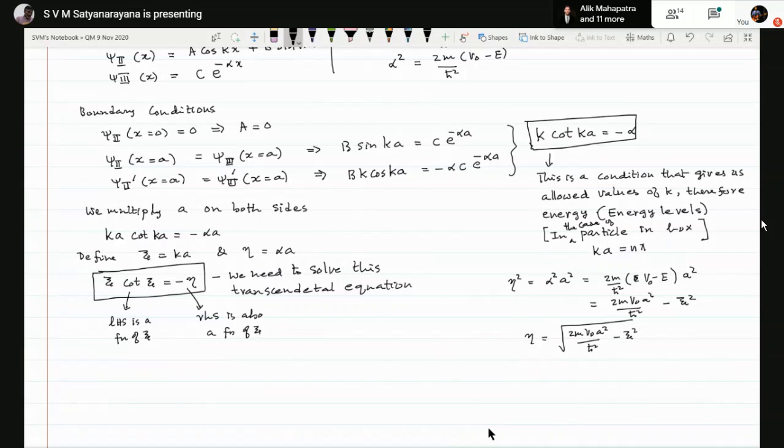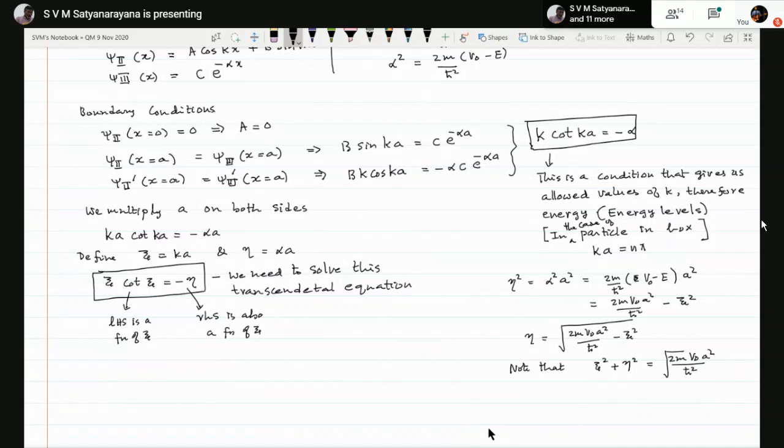Okay, sir. Thank you. So now you can see that if I take this xi square on this side, note that xi square plus eta square is equal to twice m V naught A square divided by h bar square.